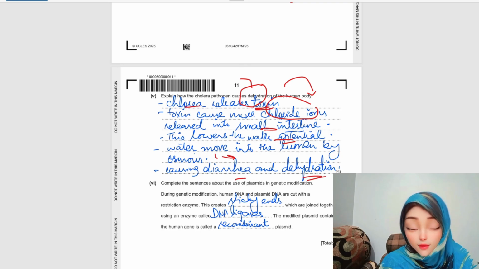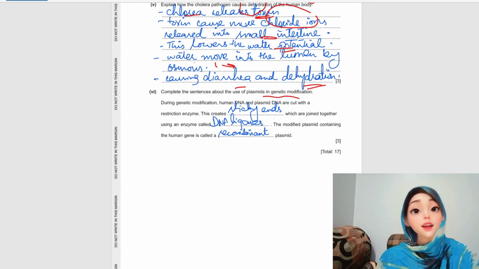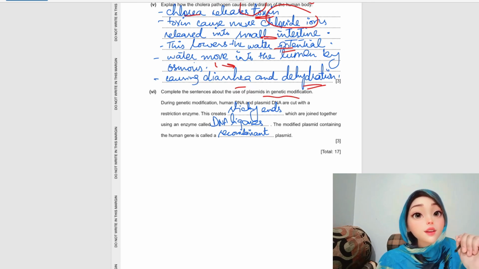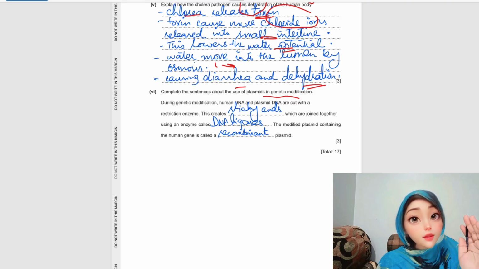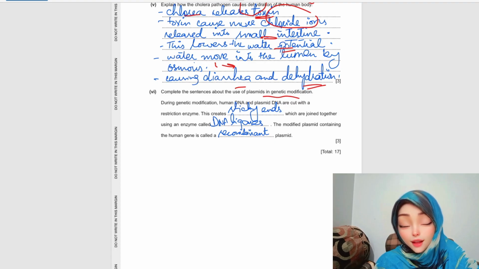Okay, now let's move on to part number 6. Complete the sentence about the use of plasmids in genetic modification. My IGCSE students, in genetic modification the plasmids are extremely important. During genetic modification the human DNA and plasmid DNA are cut with a restriction enzyme.